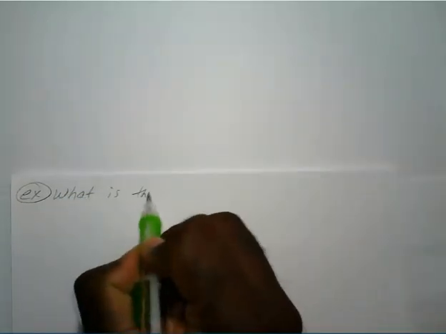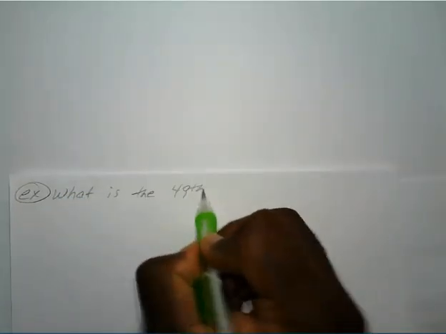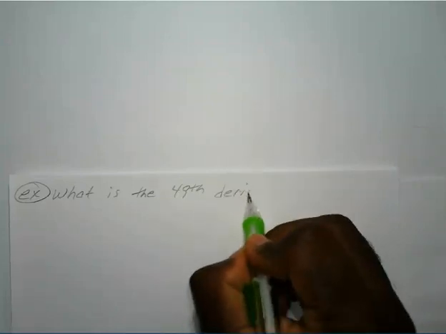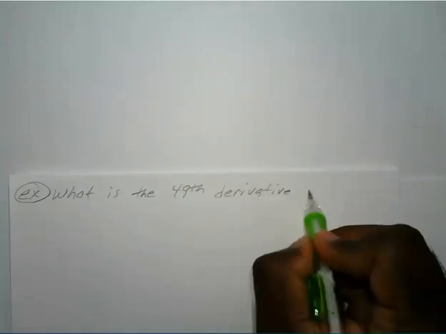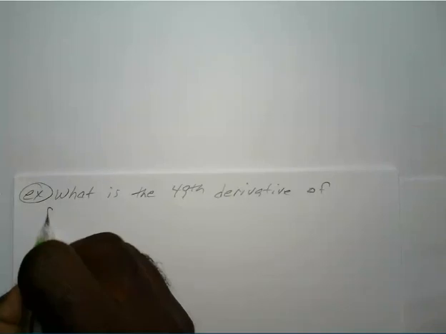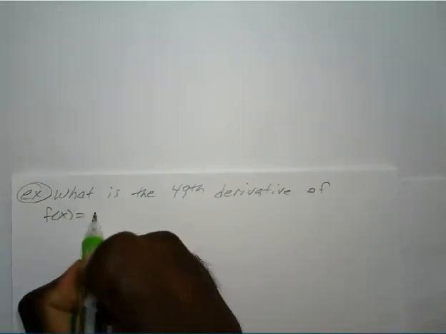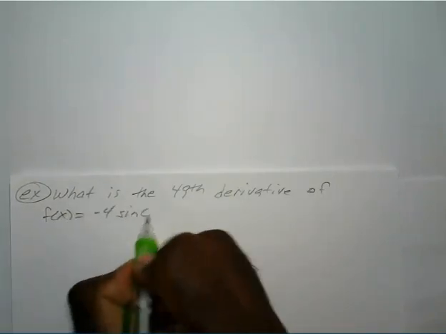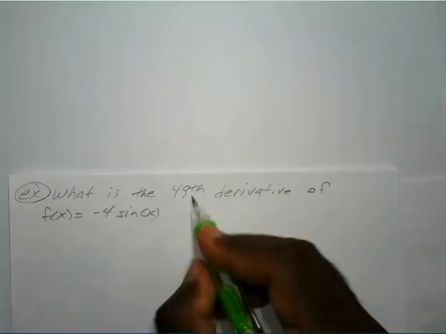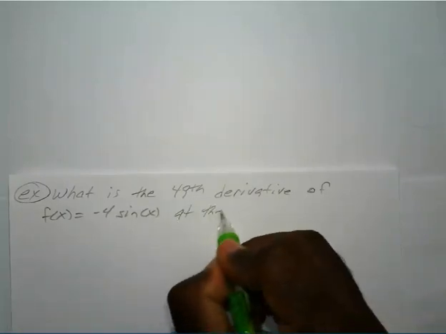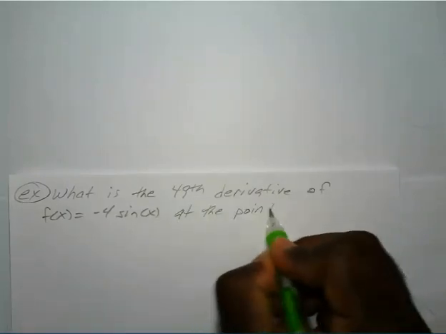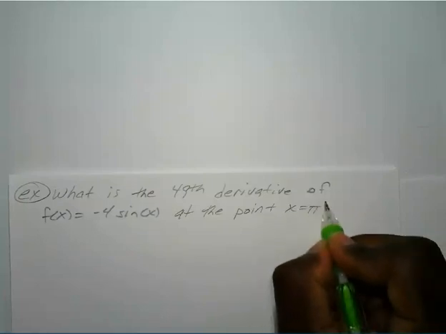Okay, so for example, what is the 49th derivative of f of x is equal to -4 times sine of x at the point x equals pi?